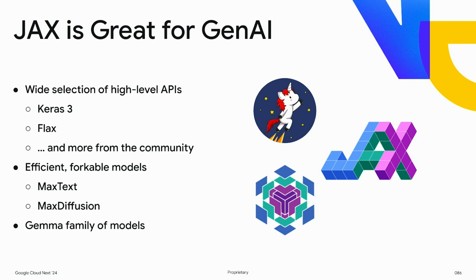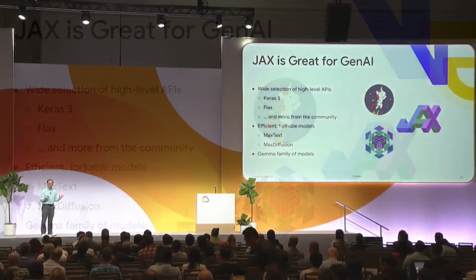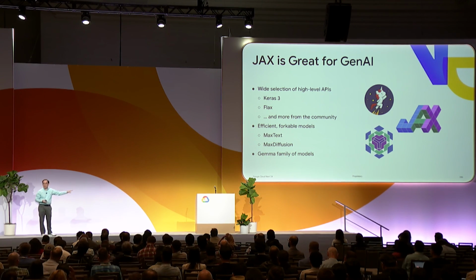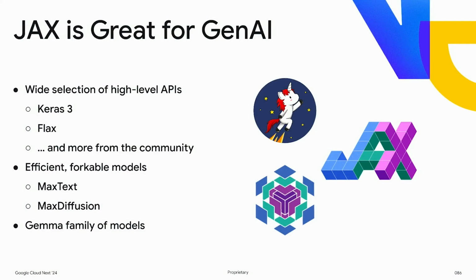And if you want to start from a nice code base of a model for an LLM or a diffusion model, you can take MaxText or MaxDiffusion, fork it, and you're off and running. And of course, there's Gemma. It's the Gemma family, really. It's Gemma itself, but also RecurrentGemma, CodeGemma, and possibly there's some more on the way.